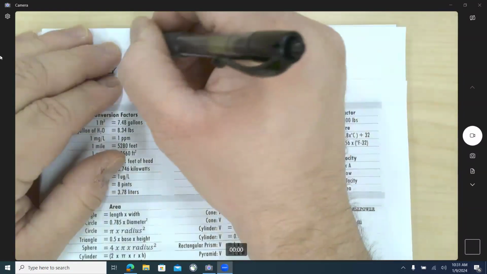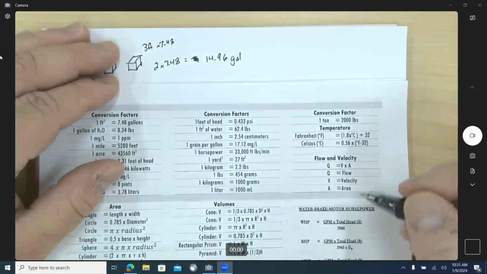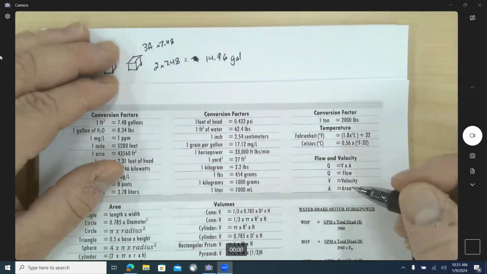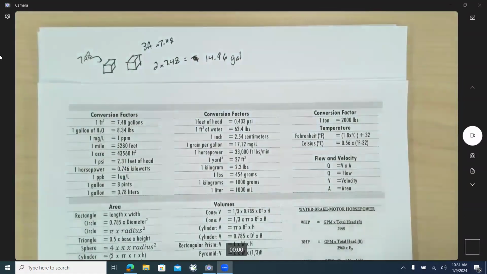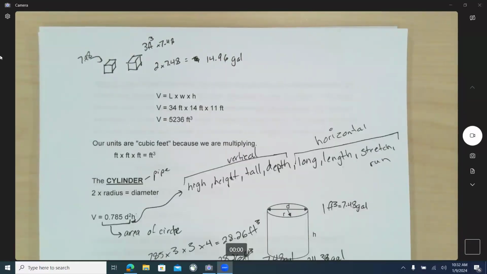So if I had 3 cubic feet, what would you do? Times 7.48. 22.94, I think, something like that. But you get my point. What I'm getting at here is if you have cubic feet, all you do is multiply by 7.48, correct? All right, so let me go back to this question now.